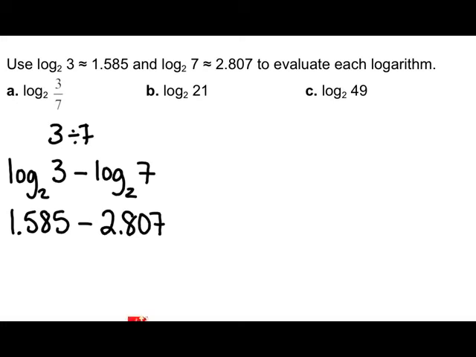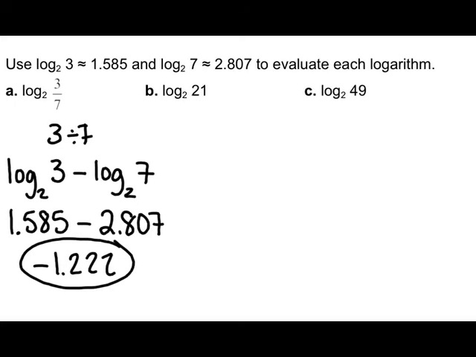So using your calculator, you subtract them, or using your mental math skills, and you get an answer of negative 1.22. So I was able to find this problem's answer without actually utilizing some of the features that we have on our calculator, just using those basic ideas.